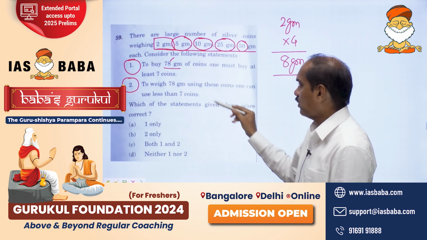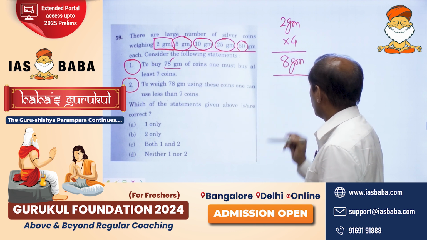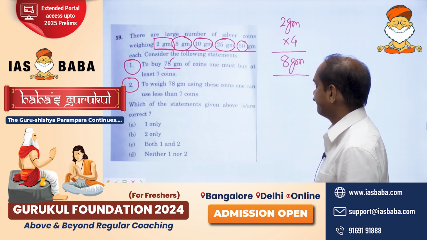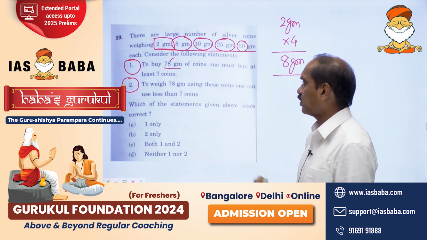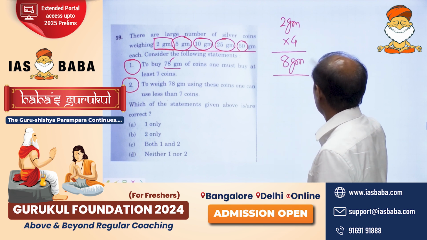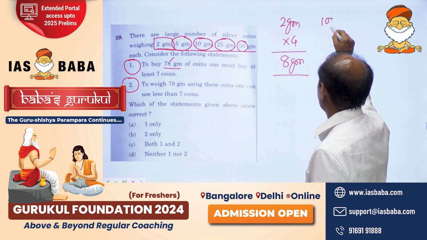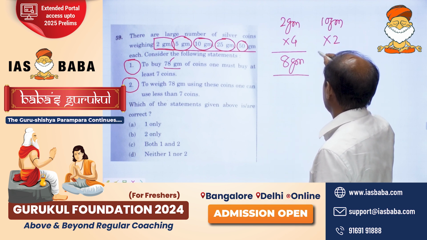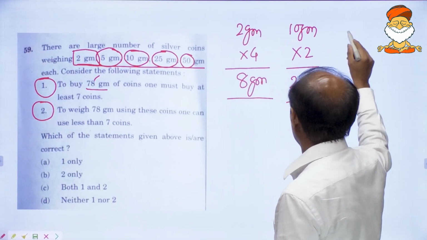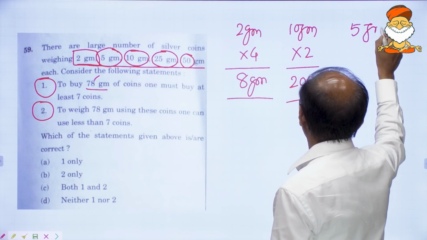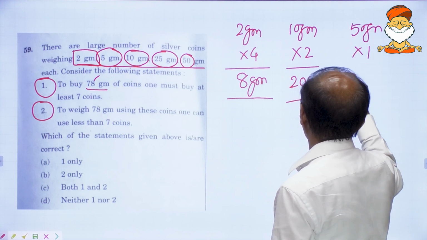So now you want 70 more. 50 you take 1, then 10 you take 2. That will be total 78. 10 gram 2 coins, that is 20. And 50 gram only 1 coin.